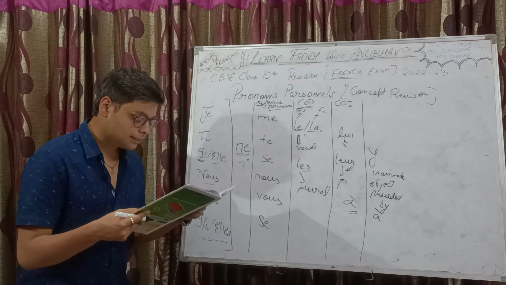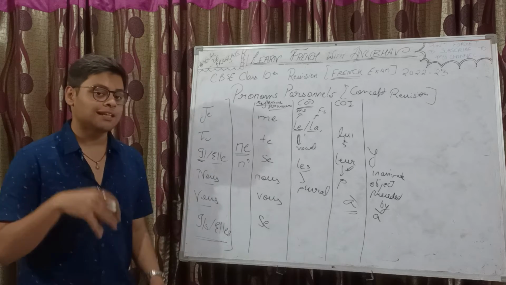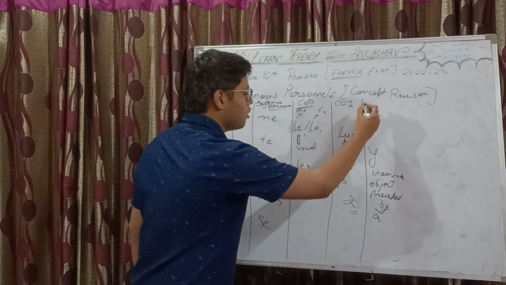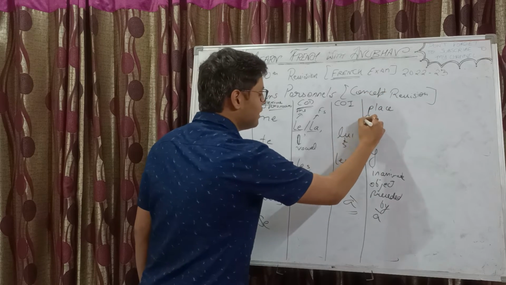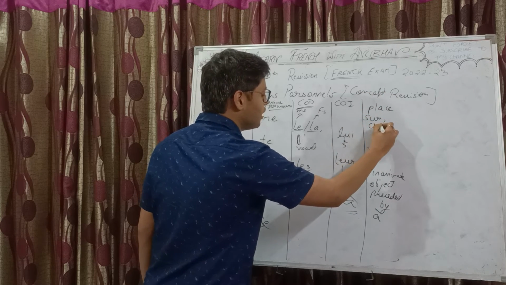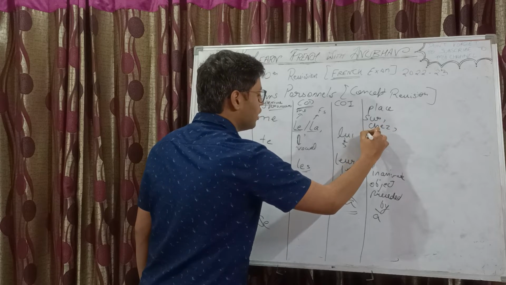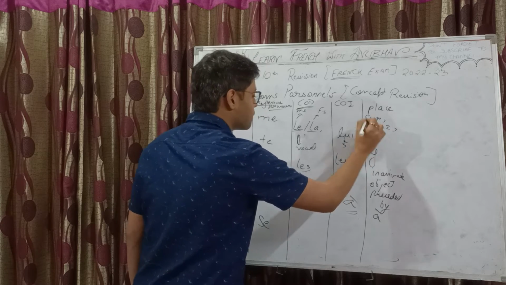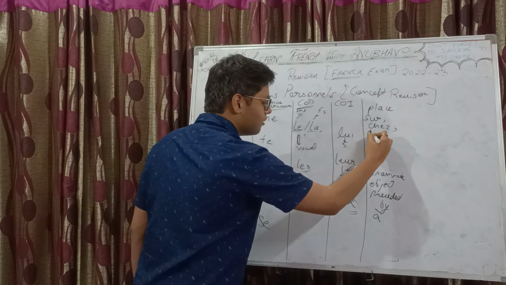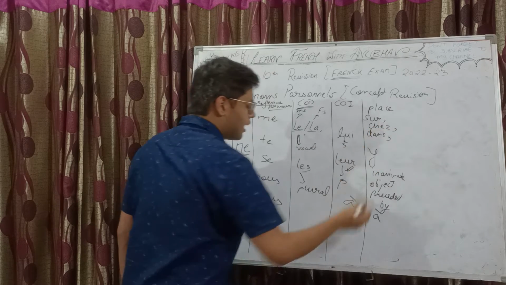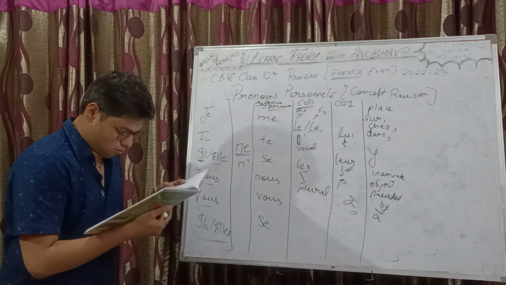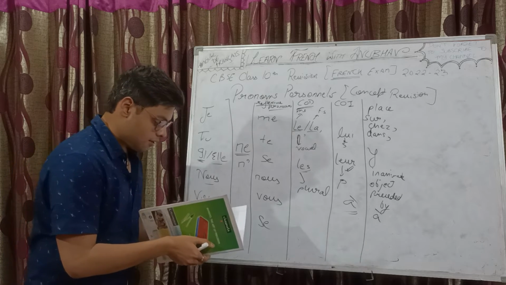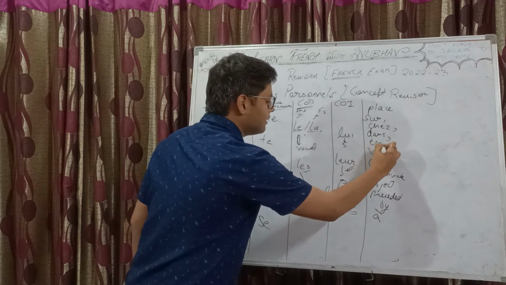And what's the other case? The other case is complement of a place. Place when preceded by prepositions like sur, which means on, chez, which means at the place of, dans, which means in. En is also there, à is there.